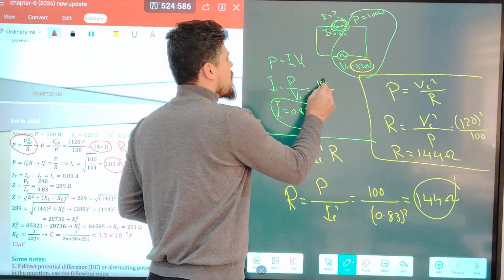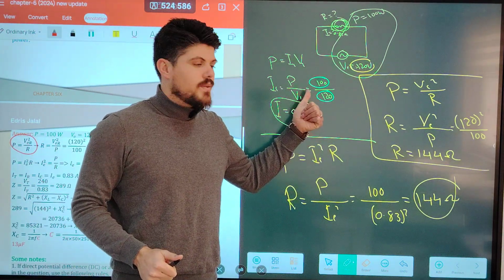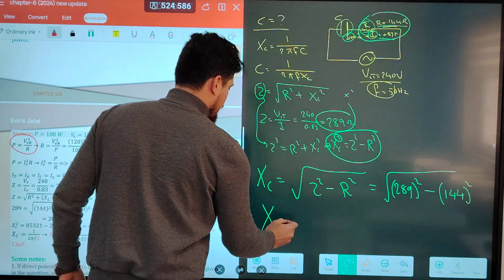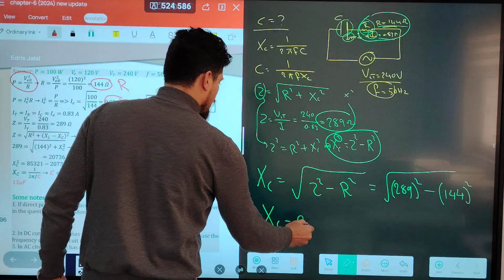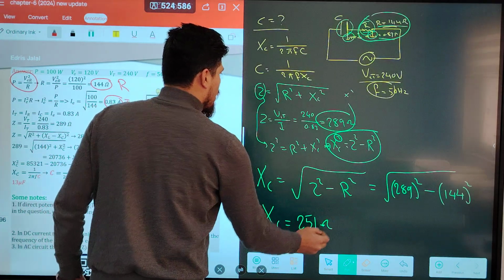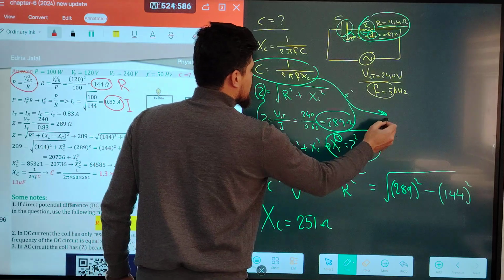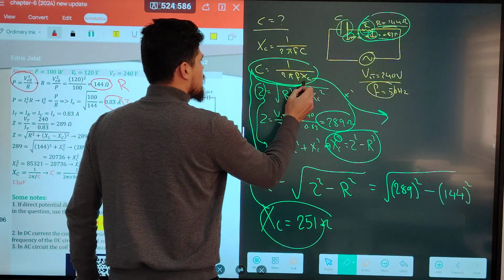By the power and the potential difference of the bulb. Now by calculator you can get the final result of XC, which is equal to 251 ohm. This is XC. Now we replace the value of XC into this equation.